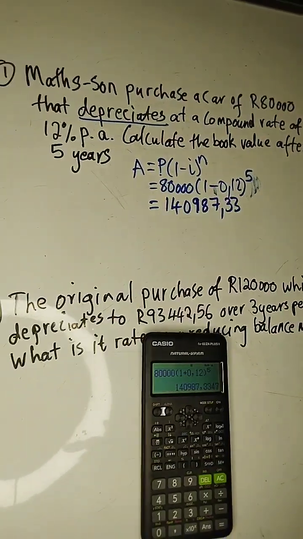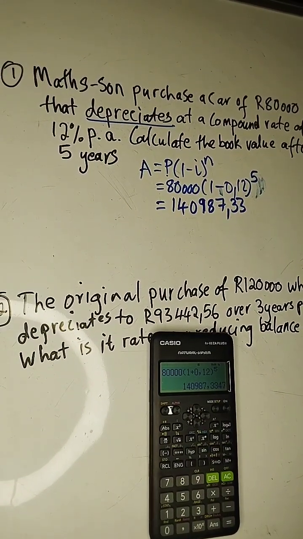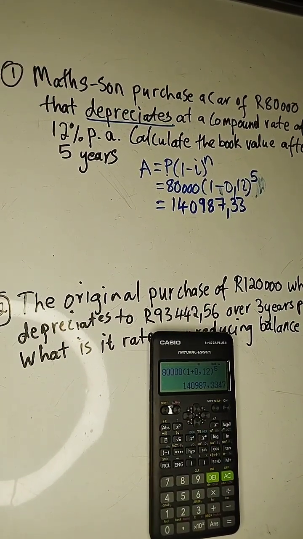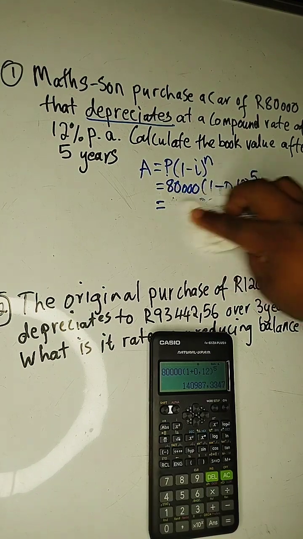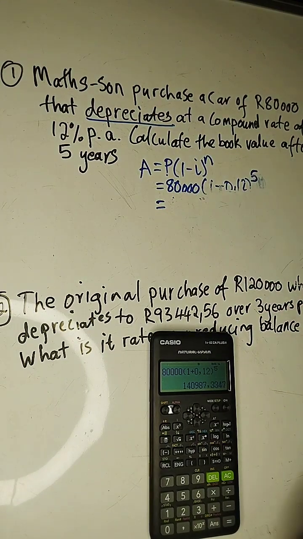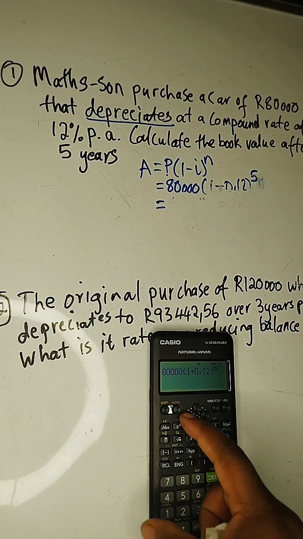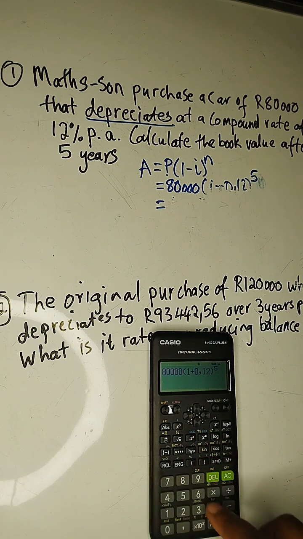Why is this wrong? I did the same mistake of substituting a plus instead of a minus in my equation. So it's 80,000, it's minus here, not plus. Sorry, you see, I keep on doing the same mistake. Please do forgive me on that one.